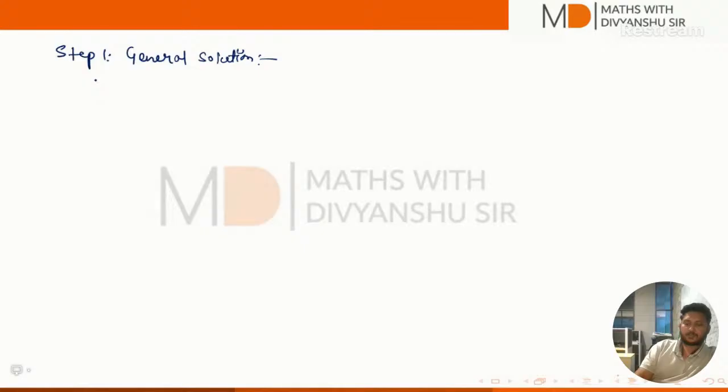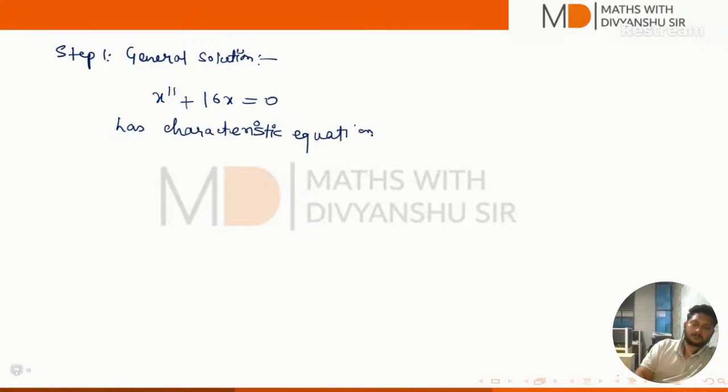The given differential equation is x double derivative plus 16x equal to 0. The characteristic equation is r square plus 16 equal to 0, and here r is equal to plus minus 4i.